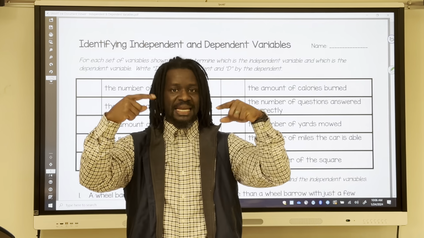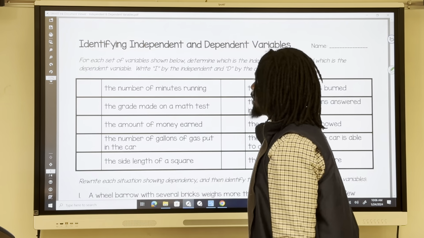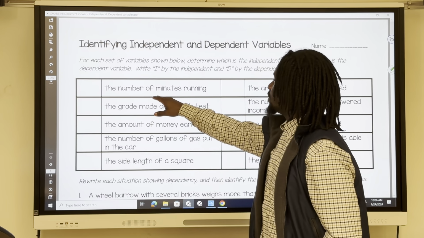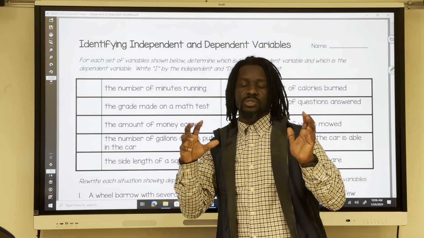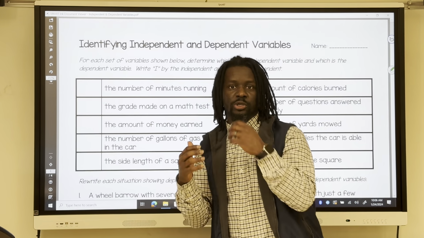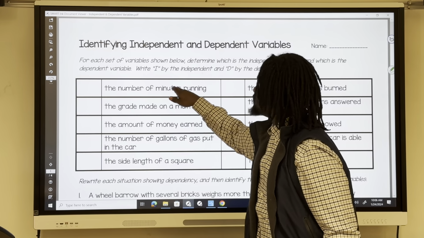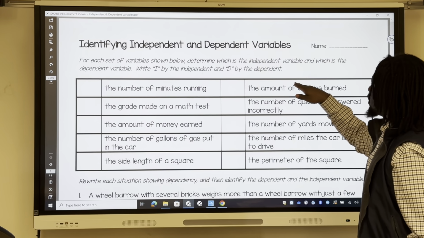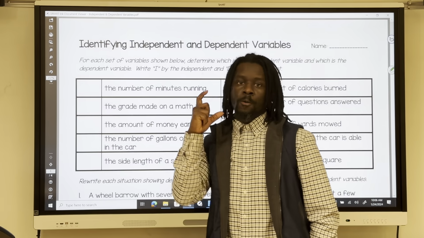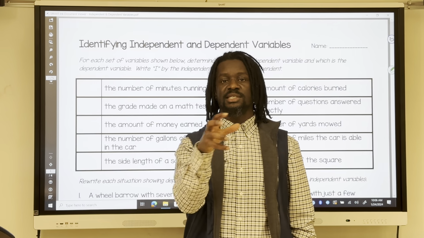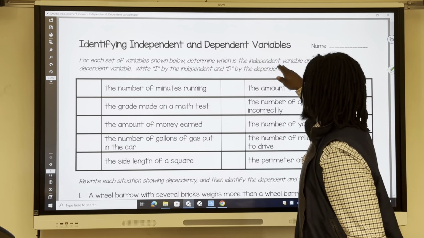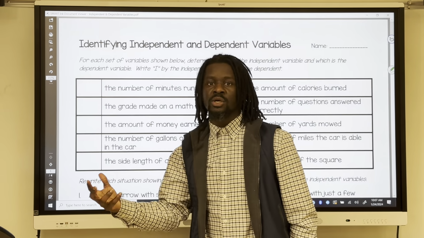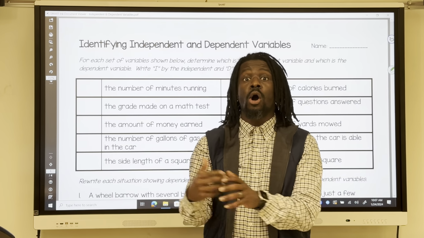With that in mind, let's think about a couple of examples. This first one gives you two situations, and we're trying to figure out which one is the independent and which one is the dependent: the number of minutes running and the amount of calories burned. Again, what causes the other? Does the number of minutes running cause you to burn calories, or does burning calories cause you to run?